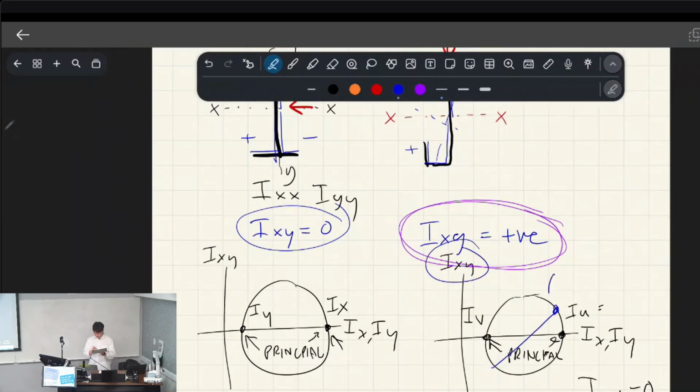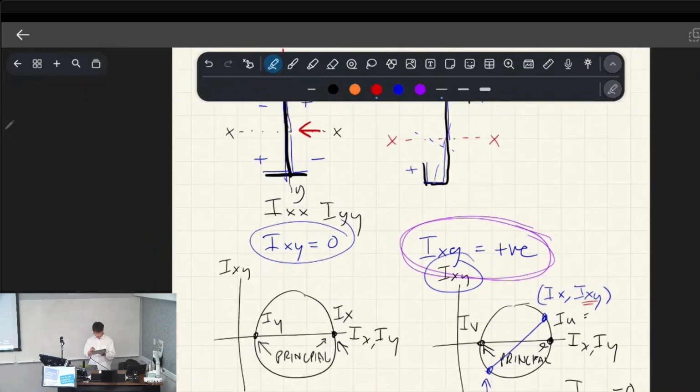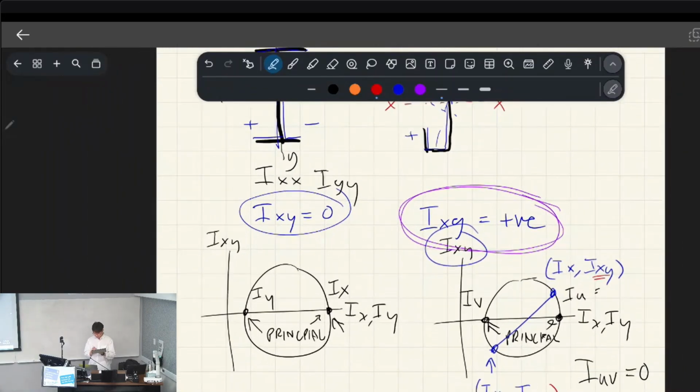That's your Ix and Ixy, some value that's positive. You might be thinking, why is that the case for Ix and not Iy? It's because of the notation. So if instead of XY we write YX, now we're looking at it from a different perspective.